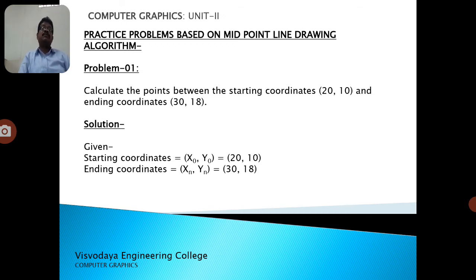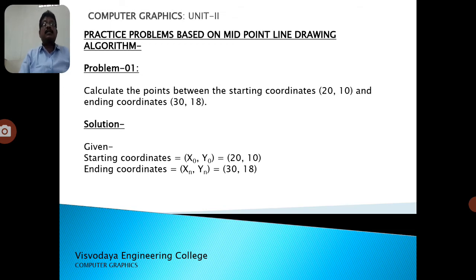And similarly we can find the delta d value. Delta d value is nothing but the differential of the decision parameter. This is the new identification compared to the previous two algorithms. So the differential of the decision parameter, delta d equals 2 into delta y minus delta x, we have to observe in this particular notation.